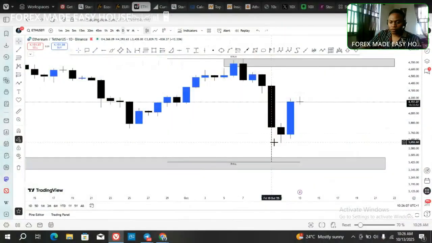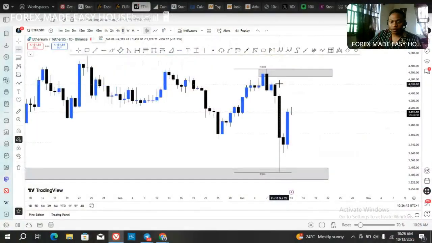Then on the daily time frame, this is the current daily supply I see.